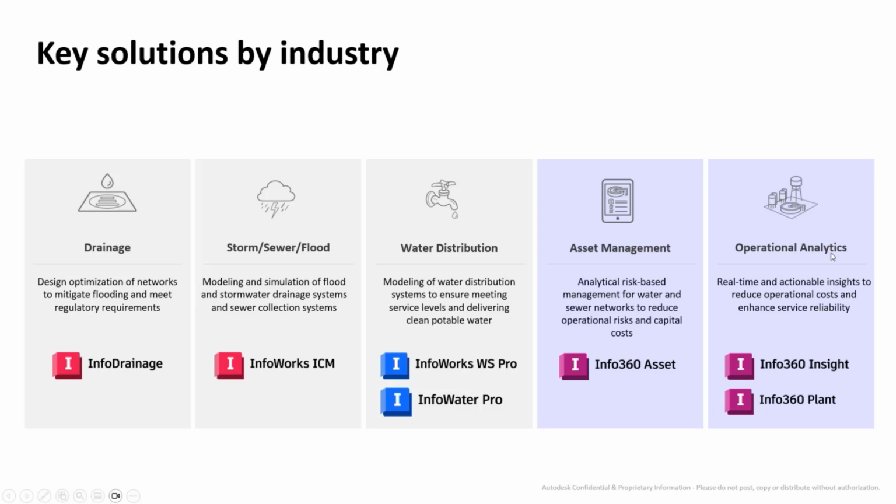so the key solutions for Autodesk water infrastructure are these. Okay, you can see there are six, I would say, solutions for drainage, for storm, sewer and flood, for water distribution. So basically water distribution is more into water treatment plants, also asset management and operational analytics.